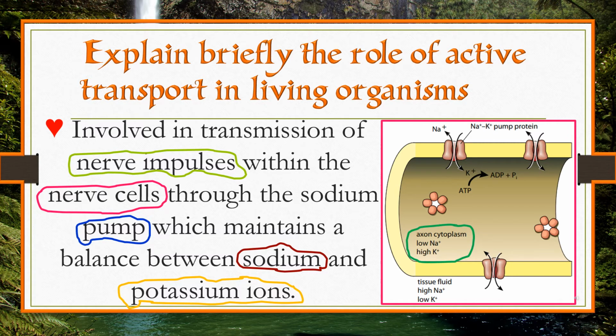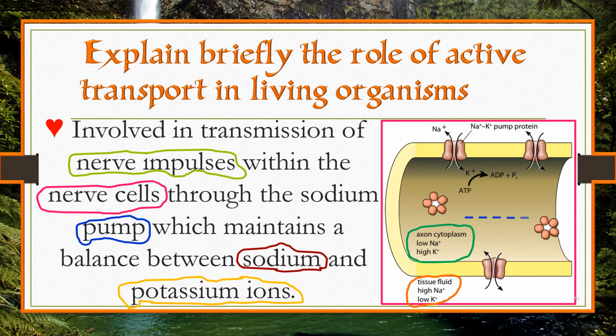Now, when you look briefly at a cross-section of the nerve cell, you will see inside the cell where we have the axon cytoplasm, we have low concentration of sodium and high concentration of potassium. But when we come to the surrounding of the nerve cell, what we are calling the tissue fluid, it has a high concentration of sodium and low concentration of potassium.